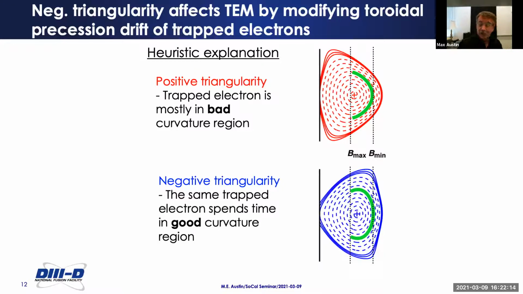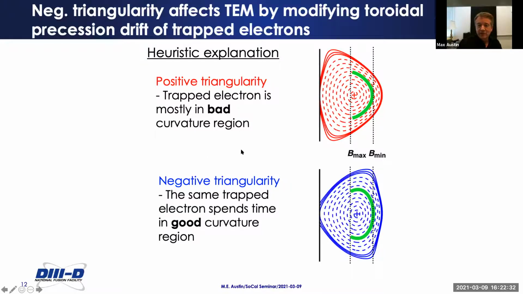As Alessandro points out in that paper, the reason you get this improved transport in negative triangularity is the weakening effect of the shape on the trapped electron mode, by modifying the toroidal precession of trapped electrons.